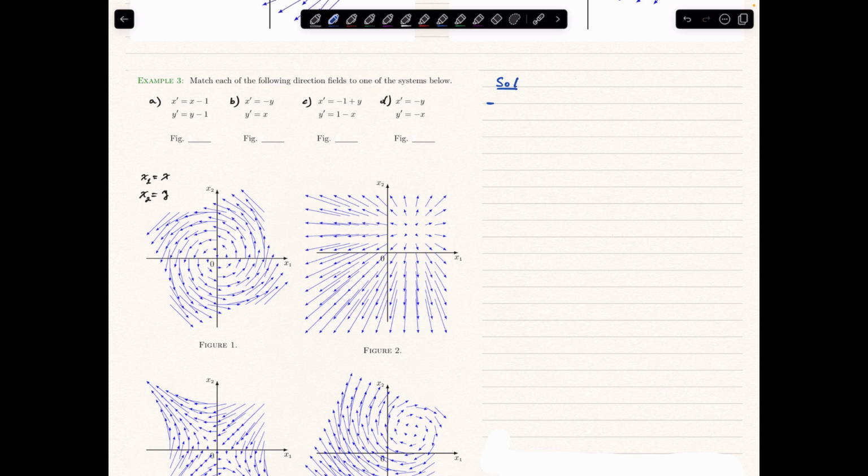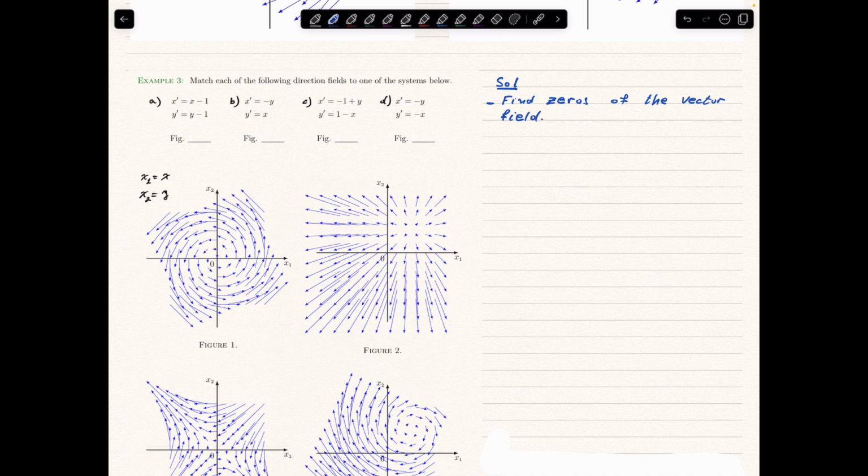The first one is to find the zeros of the vector field. What is that?